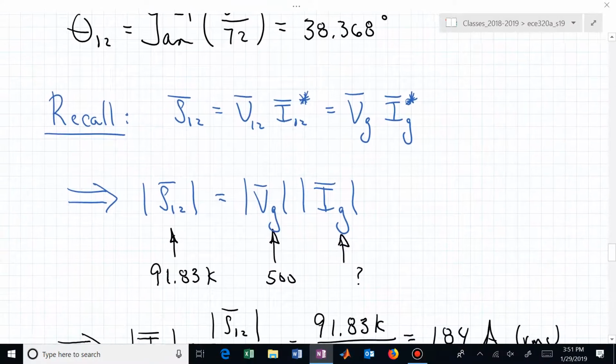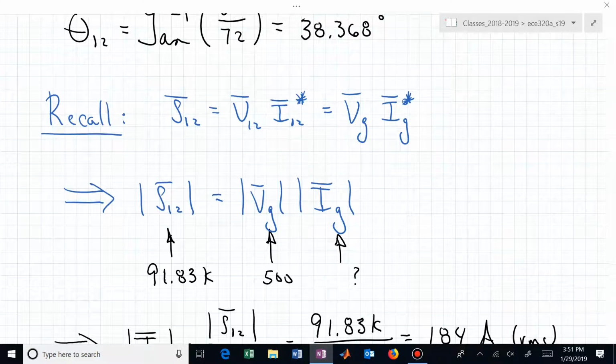Now we can start using some of this information, and one thing you need to know obviously before the exam is the complex power is VI star, where that's the voltage and current of a particular element or subsystem. So in our case, if we wanted S12, that's this combination of loads 1 and 2.